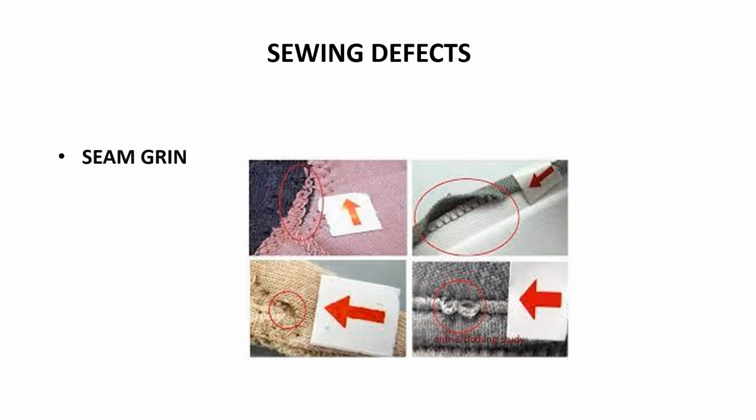Then in sewing defects, there is another important defect which really hampers the appearance or the aesthetics of the product, which is seam greening. Now, when does seam greening occur? Seam greening occurs when the stitching thread that has been used is not compatible, or if it extends quite a lot, like when a tension has been given at the stitching point.